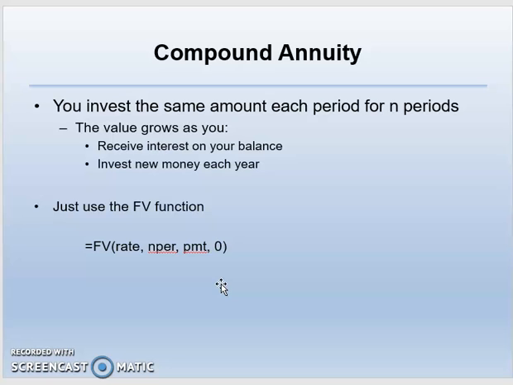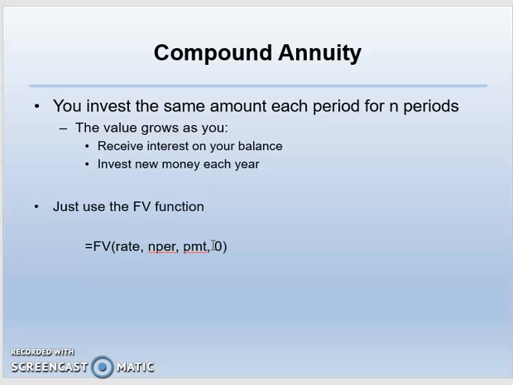Here, I want to know how much I'm going to have in the future. That's a future value function. Okay, I take the future value, the rate, the number of periods, the payments, and here I have a present value of 0. I don't have any money that I'm going to put in initially.